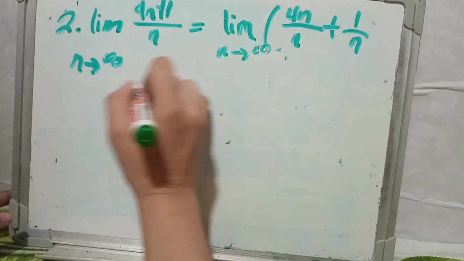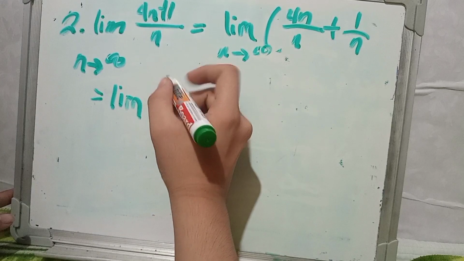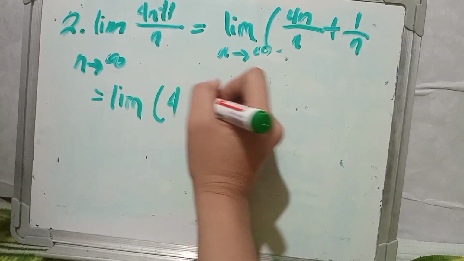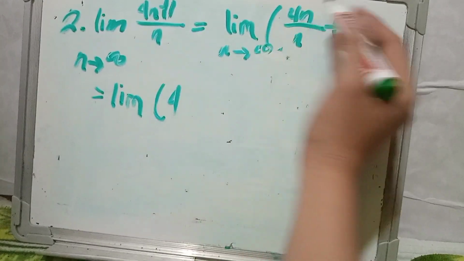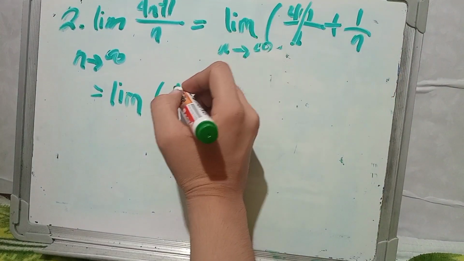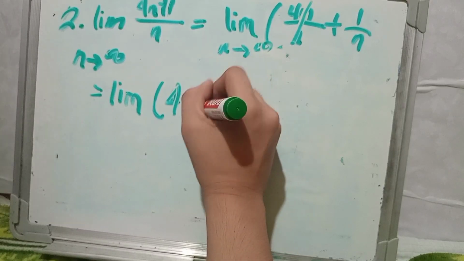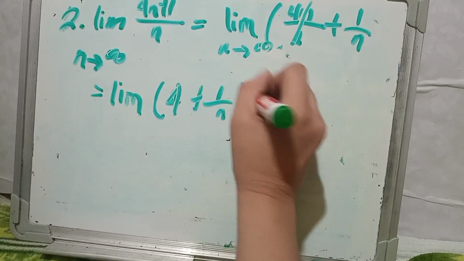So now we have ln of the quantity 4. Why 4? We cancel out the n so that 4 remains. So we have 4 plus 1 over n.